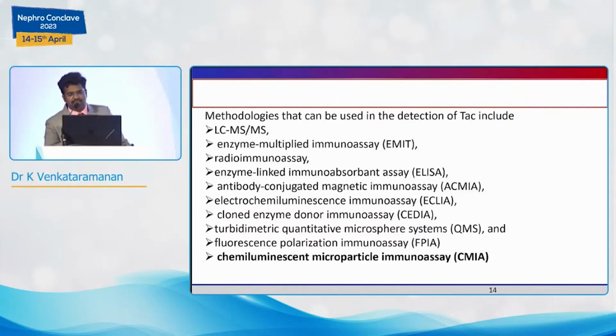So these are the methods for the targets. There are a lot of methods; previously there was the EMIT method and antibody-conjugated magnetic immunoassay. But finally, recent studies advise that if you are able to, you can go with the LCMS method, but if it is not possible, better to go for the chemiluminescent microparticle immunoassay, CMIA method.